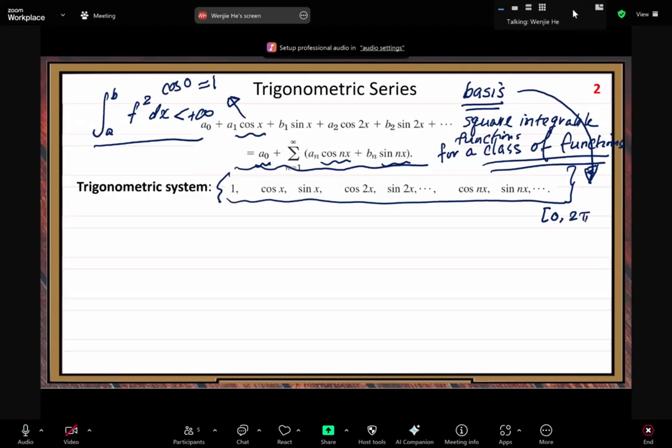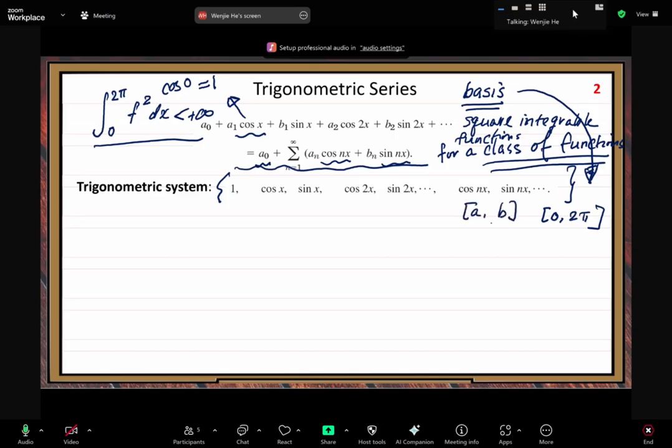If you use this as the basis, we represent the integral on one period, 0 to pi. But later you will see we can multiply by some constant, and when we do some adjustment, we can cover any AB interval.